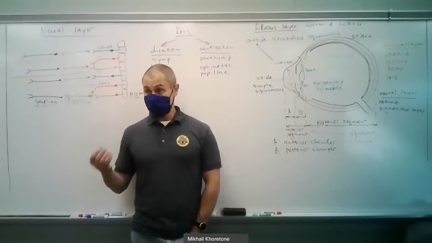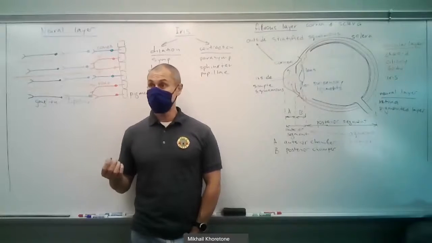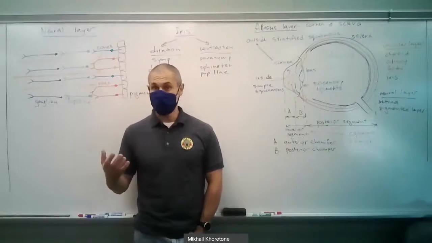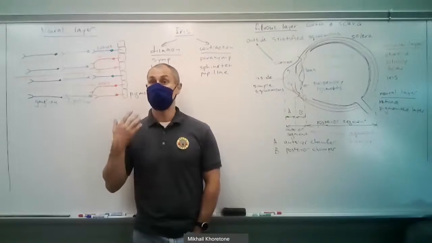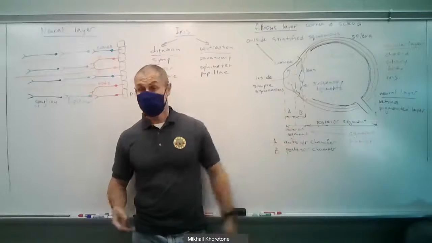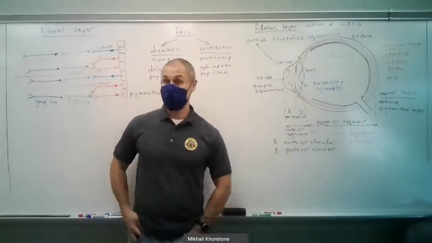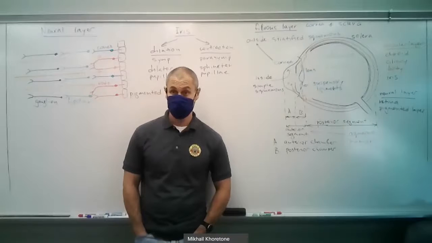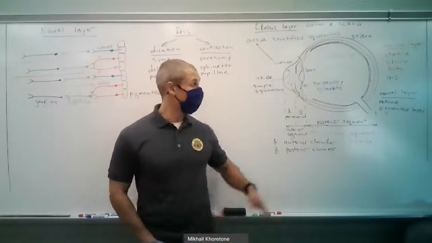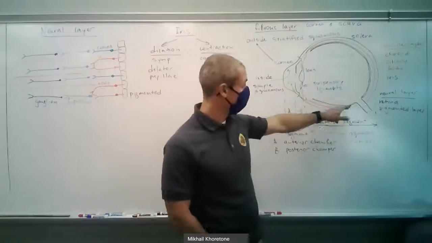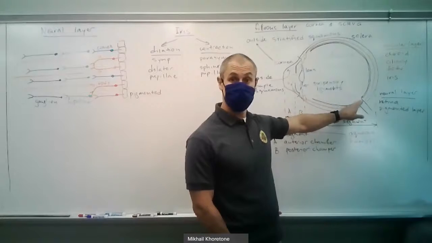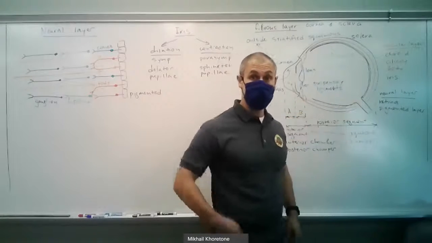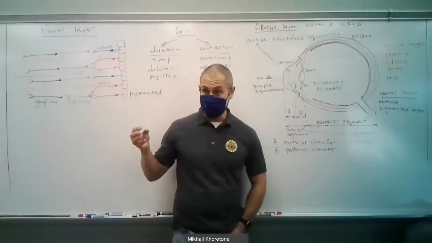So anatomically, your eyes, especially the retina, are an extension of the brain, and the sclera is an extension of the dura. You good so far? Now, if you look at the picture here, you would notice that there is no retina, there are no photoreceptors, where the optic nerve leaves the eye.